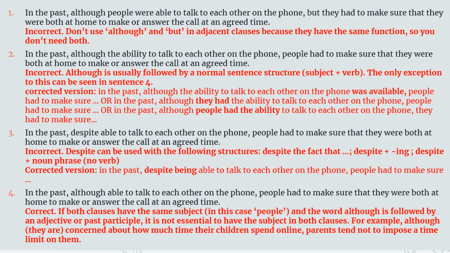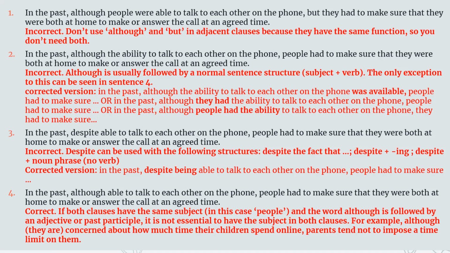They have the same function, so you can't have both in the same sentence, or you shouldn't. You can correct the sentence by removing but. It should read, in the past, although people were able to talk to each other on the phone, comma, remove but from the sentence, they had to make sure, and so on.